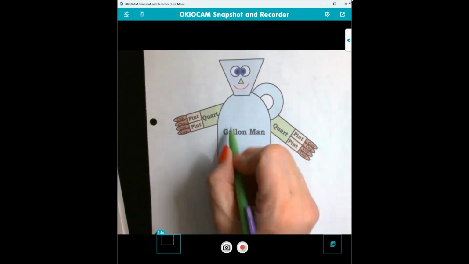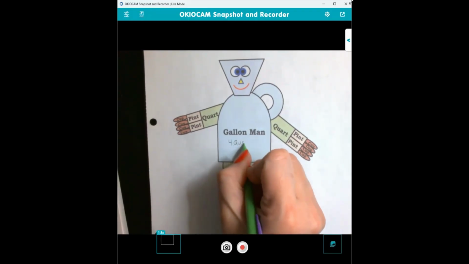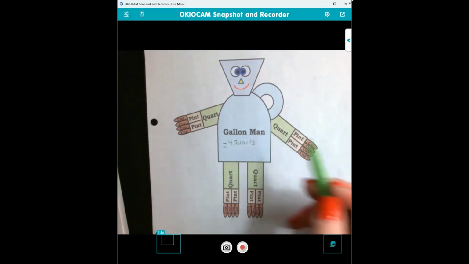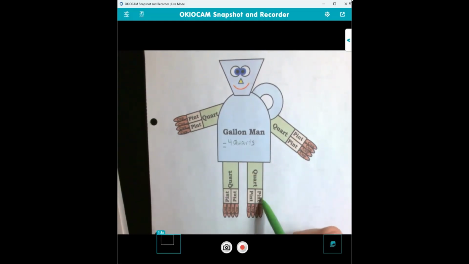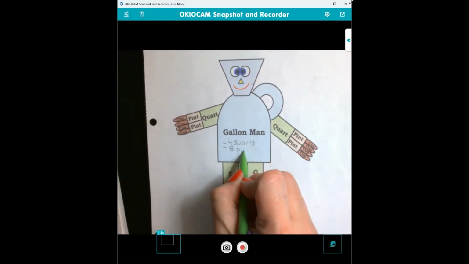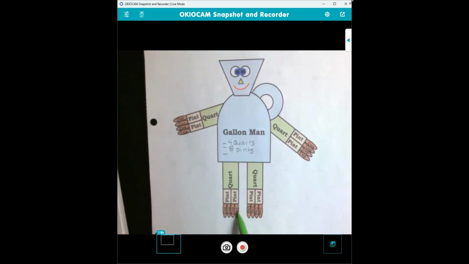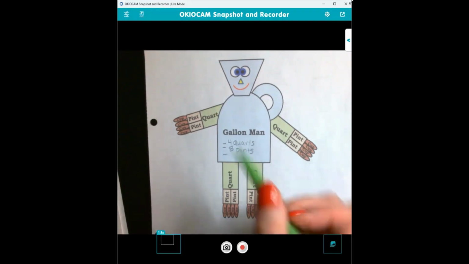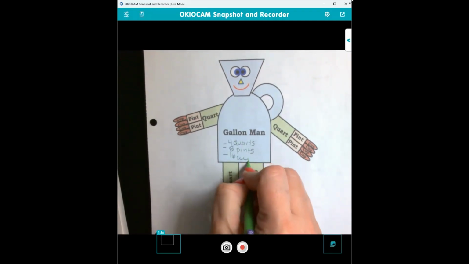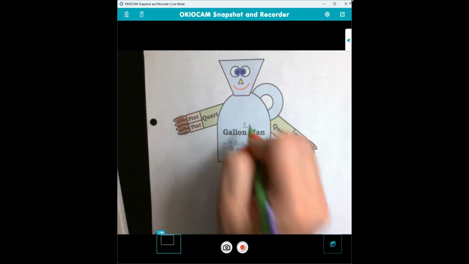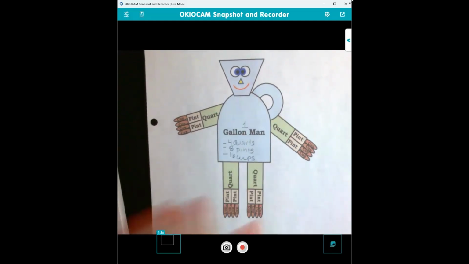A gallon is 4 quarts. What is a gallon? A gallon is 1, 2, 3, 4, 5, 6, 7, 8 pints. And a gallon is 16 cups. And all that is equal to 1 gallon. So this is kind of a cool thing to remember. Just make sure you tell your students that it's just 4 fingers and not 5, right? When you're doing this type of activity.